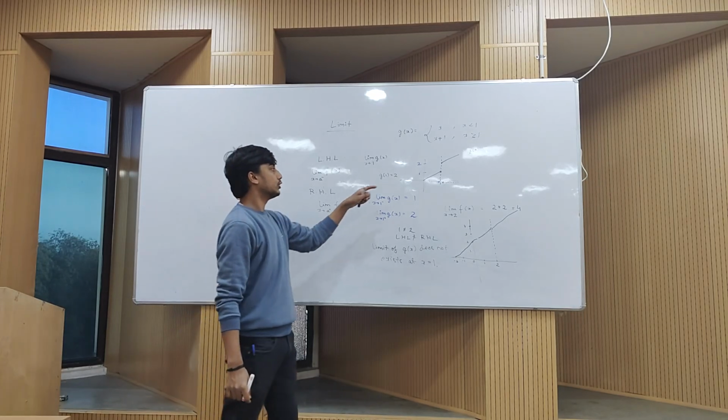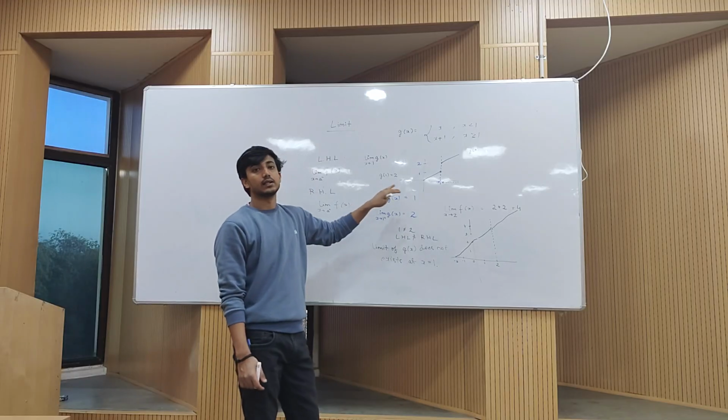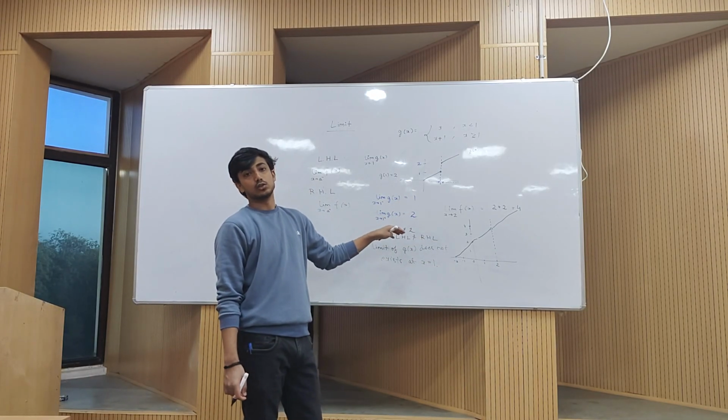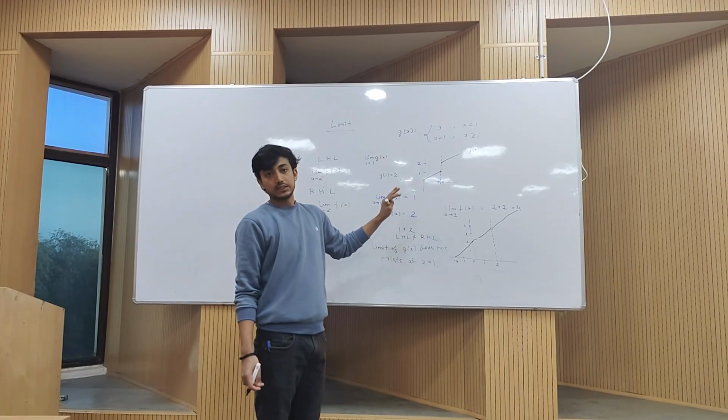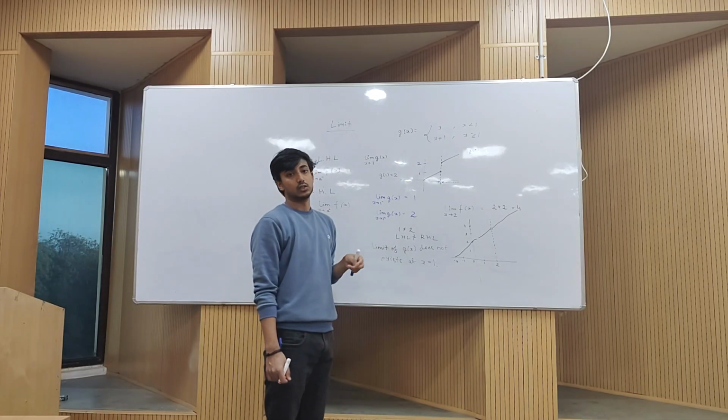When we are approaching 1, the limit does not exist, because the left hand limit exists, it is finite, which is 1, and the right hand limit also exists, that is also finite, which is 2. But since these two quantities are unequal, the limit of the function does not exist.